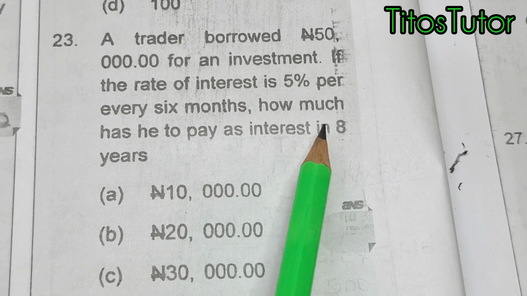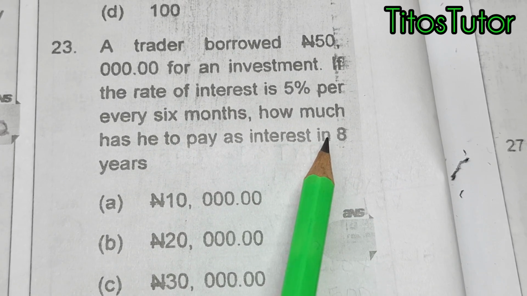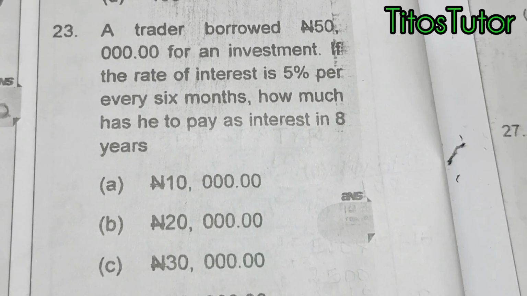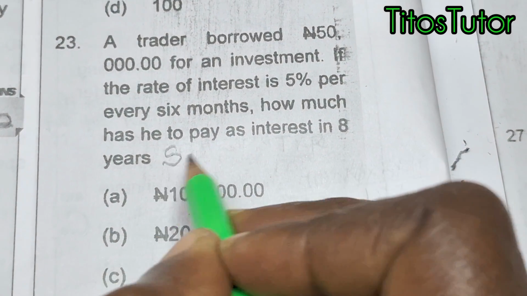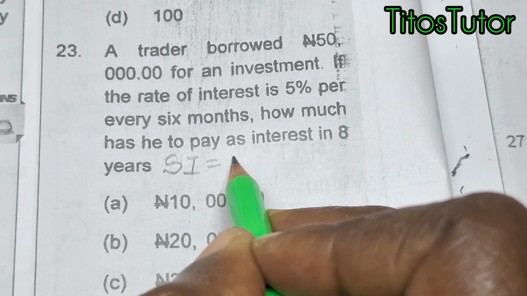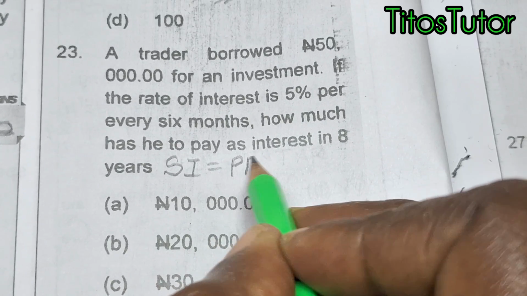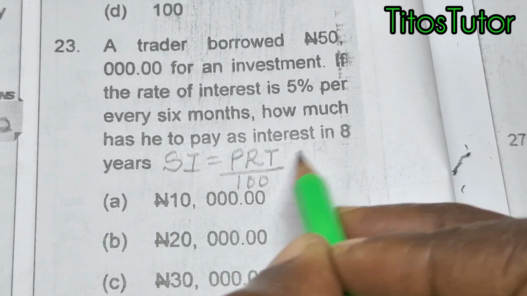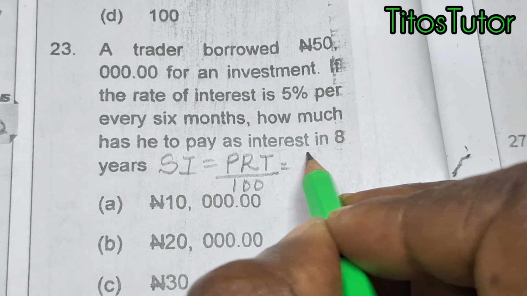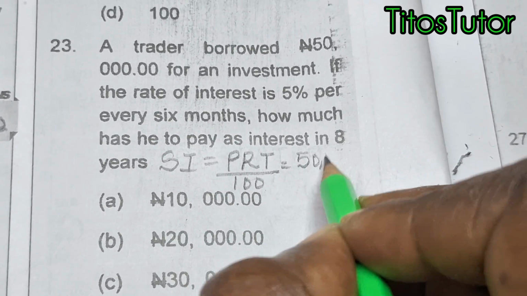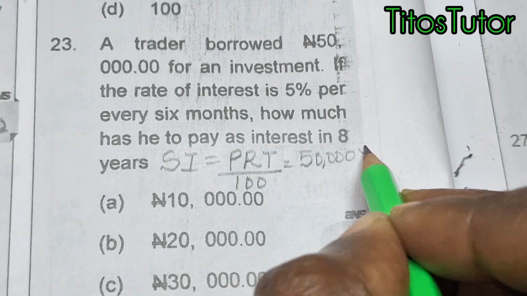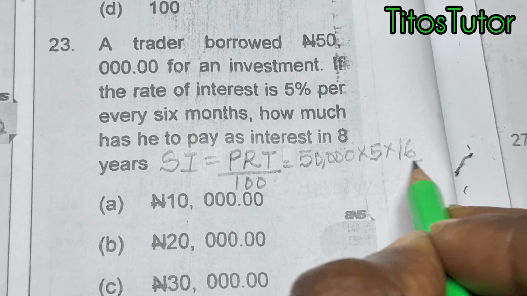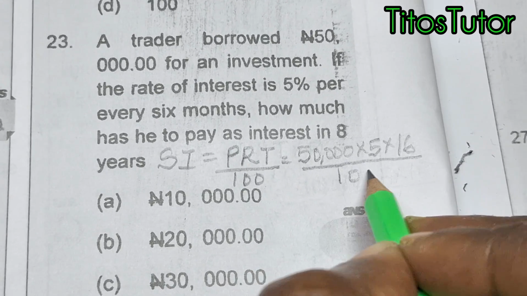So when you're multiplying the time, you need to make it 16 and not 8. Remember the formula. Simple interest is equal to principal multiplied by rate multiplied by time all over 100. In this case, my principal is 50,000 naira multiplied by 5 multiplied by 16, not 8, all over 100.